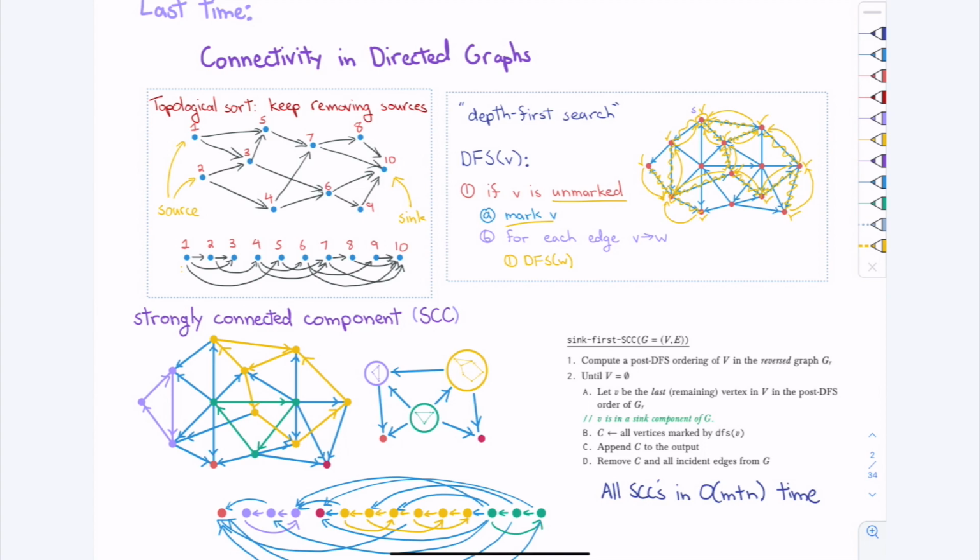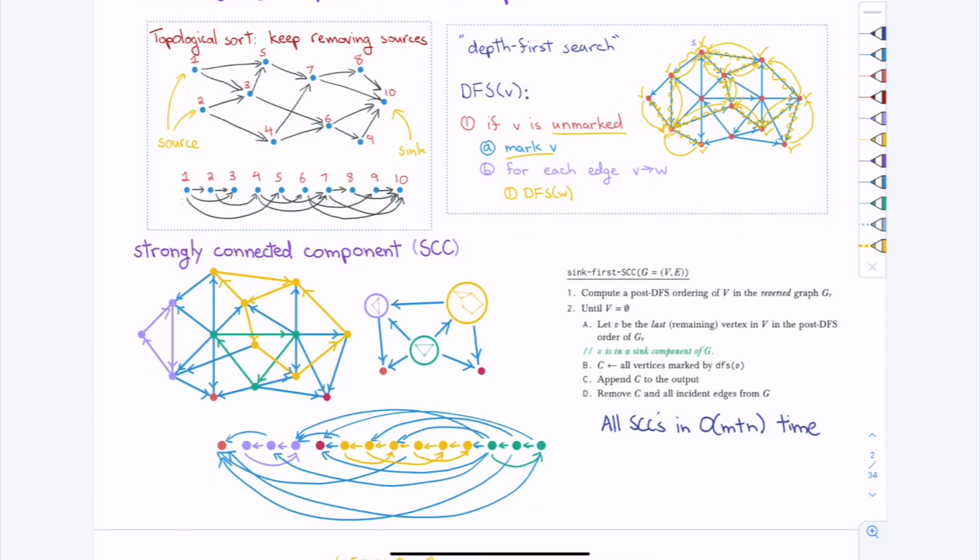Then for directed graphs in general, we started talking about depth-first search and analyzing that, using that to figure out which vertices a vertex V can reach. And then that sort of culminated in this discussion of strongly connected components. These are the kind of pairs of vertices that can mutually reach one another. And it turns out there's kind of a lot going on there.